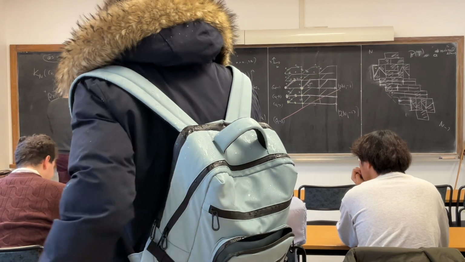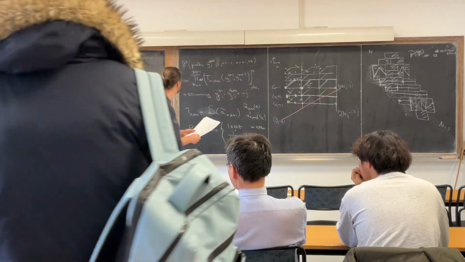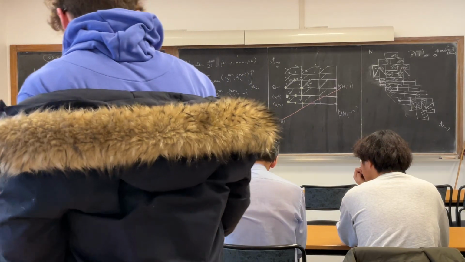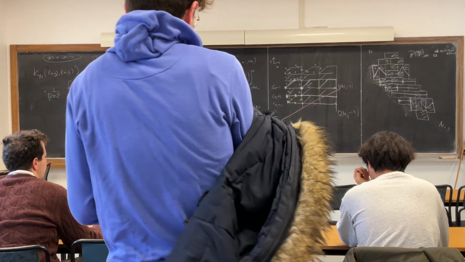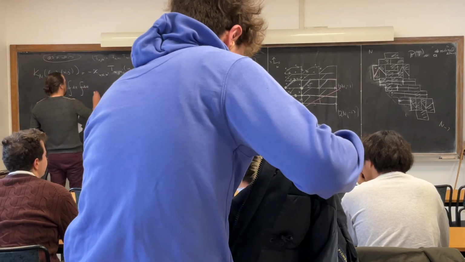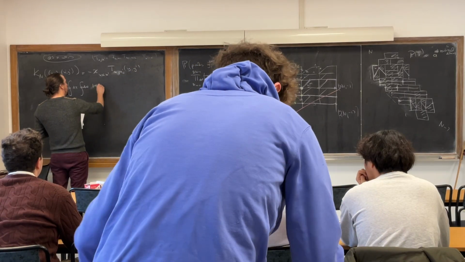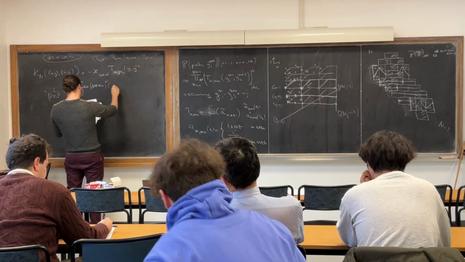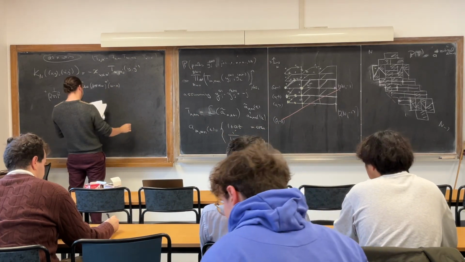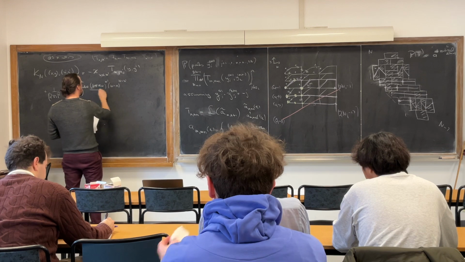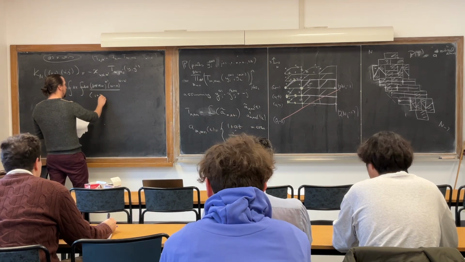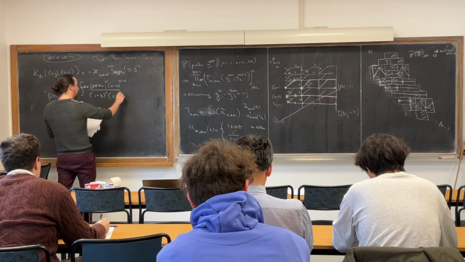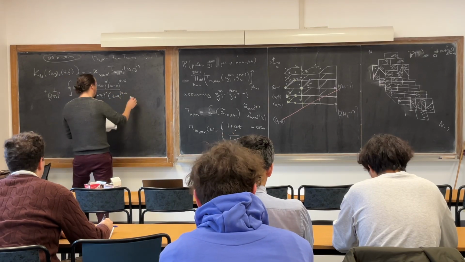And then here I have 1 plus a w to the x prime times w minus a to the n minus x prime, divided by 1 plus z to the x, z minus a to the n minus x, sorry.